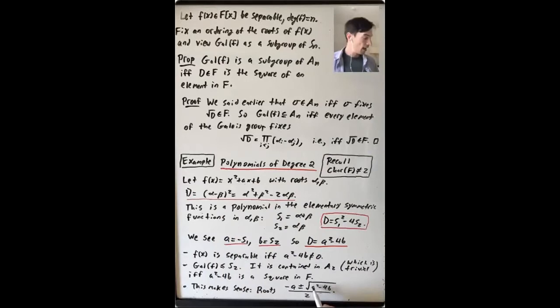And the roots are in F, which means the splitting field over F is just F itself, if and only if this element square root of a squared minus 4b is in F. So everything that we've said here is consistent with our earlier quadratic formula discussion.